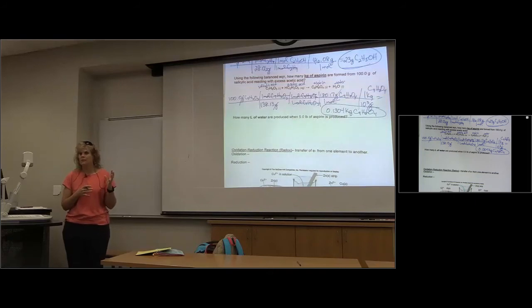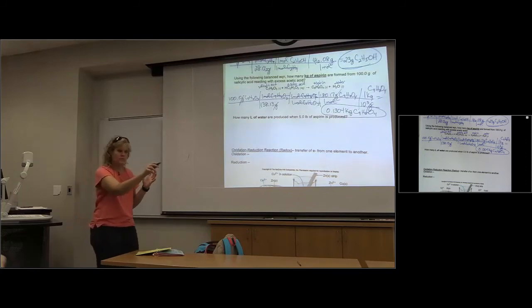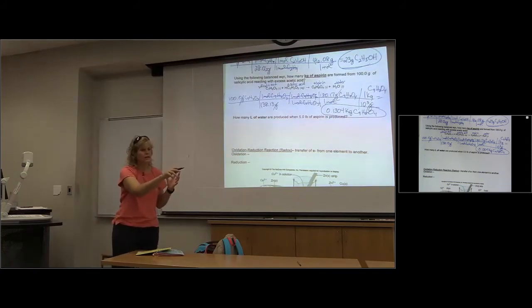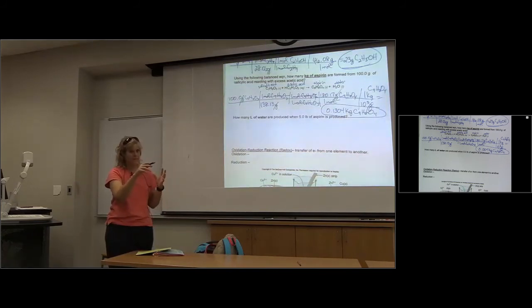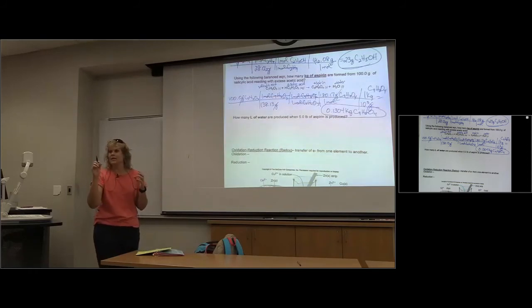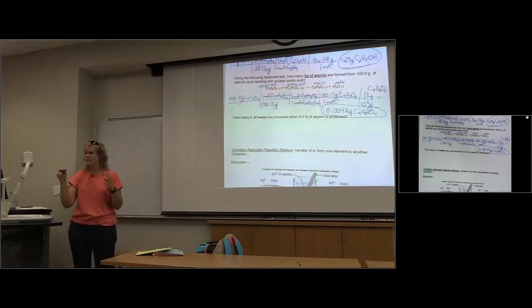Anybody tell what special thing has to be used as a conversion factor here? Grams per milliliter is what? Density. Now, why did she say that you had to do density?